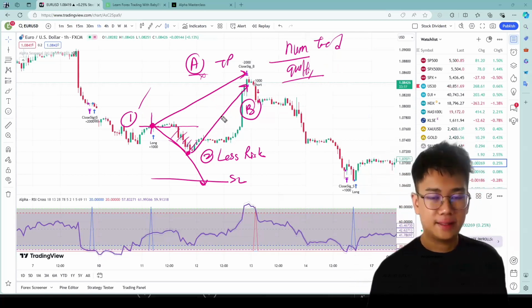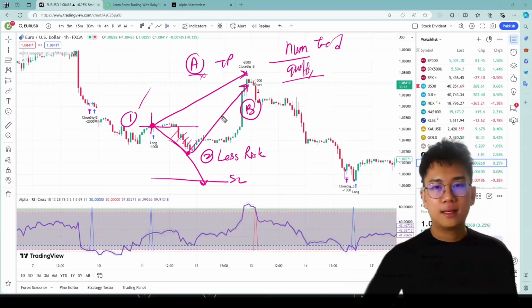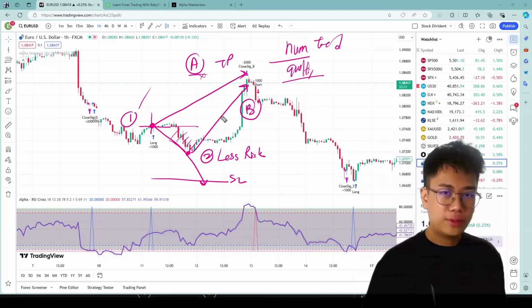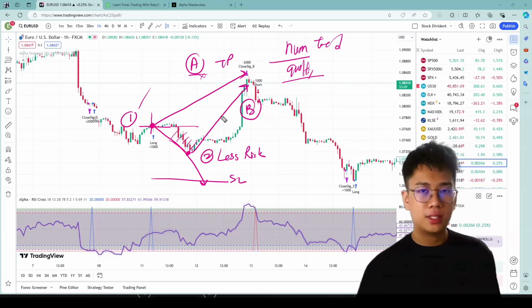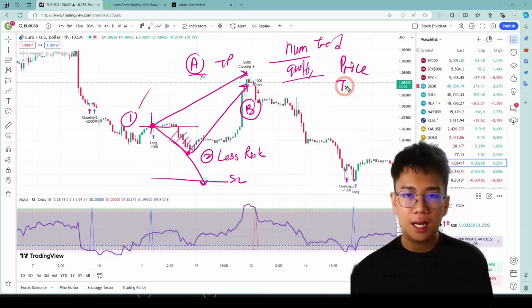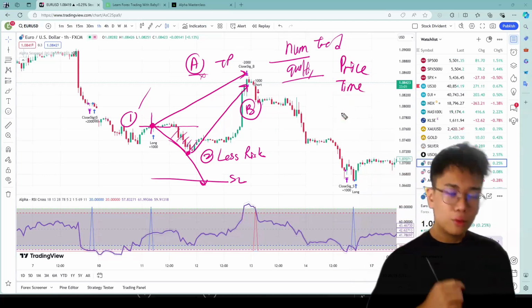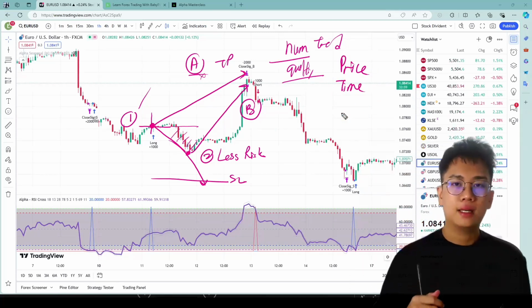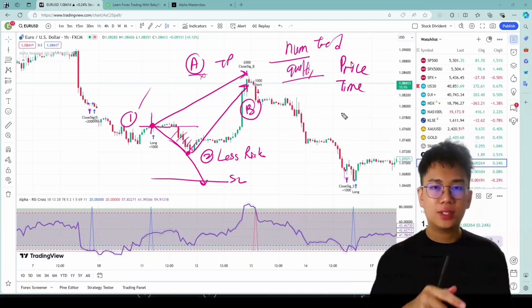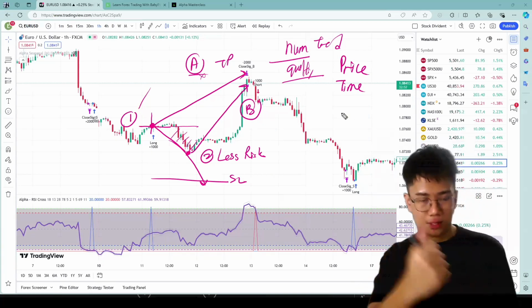And let's dive further. A good trade, an accurate trade, a good quality trade, is it because of the price you enter or because of the time that you enter? Which one is more important to identify that this entry is good, the price or the time?